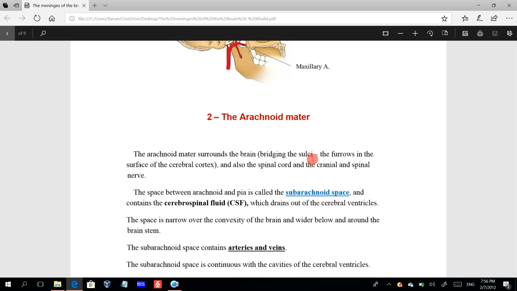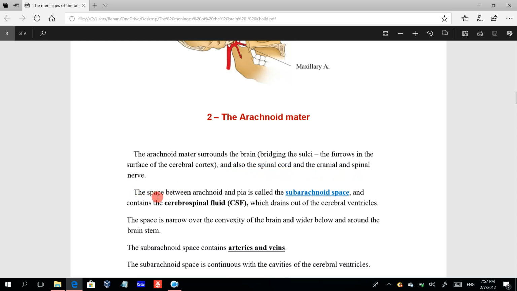It bridges them and does not enter them. The arachnoid mater surrounds the brain, the spinal cord, and the cranial and spinal nerves.